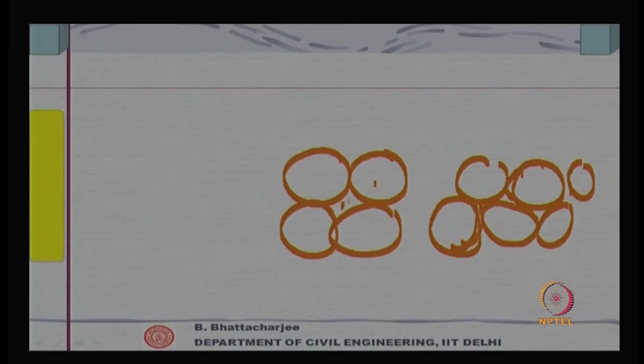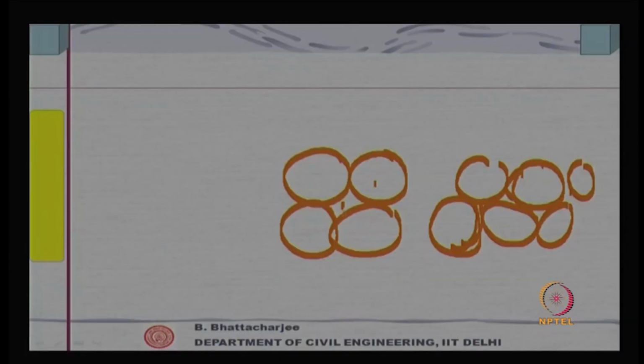So, packing governs the void content, and in fact, if I have a single sized particle, the maximum packing density that I will obtain, we will define maximum density later on, will depend upon the nature of packing. This is of course for spherical particle.